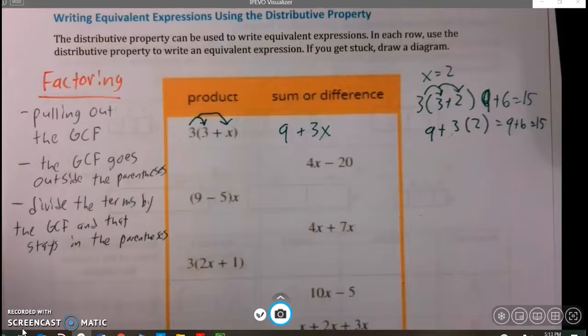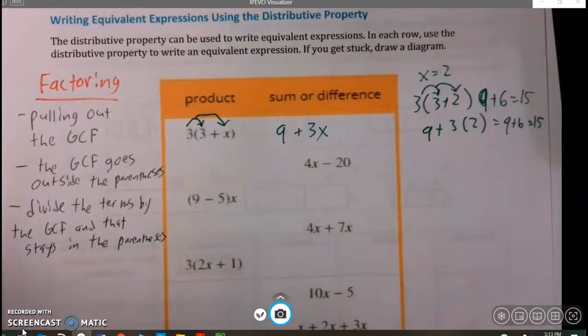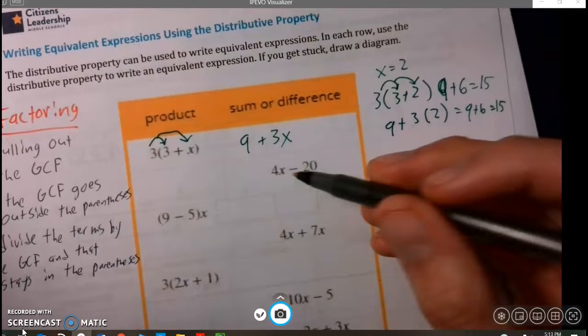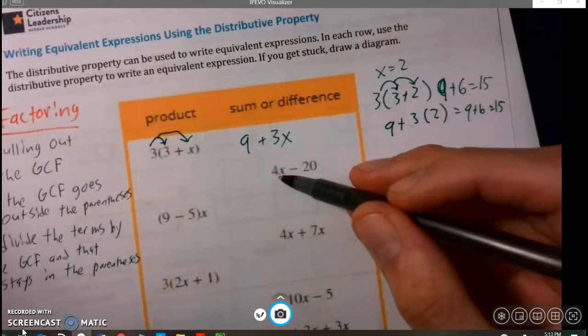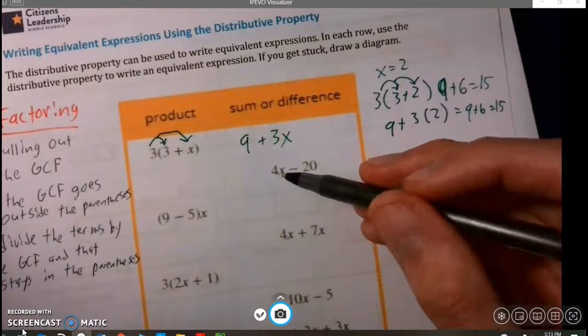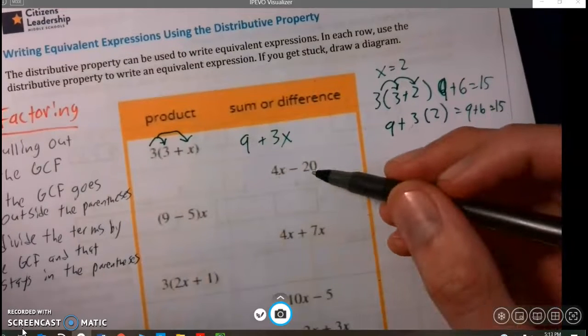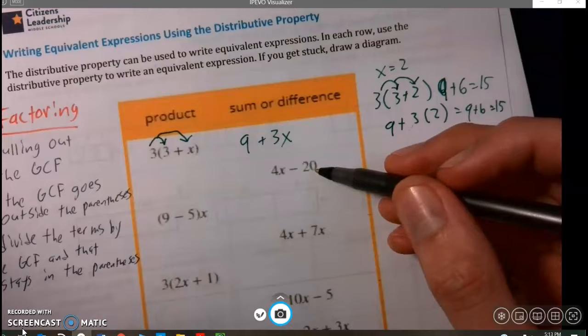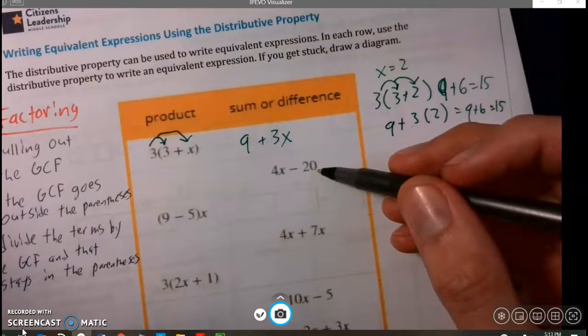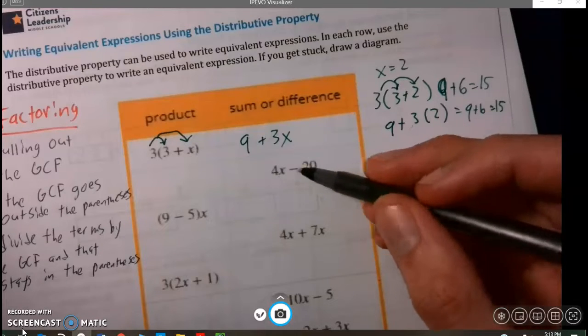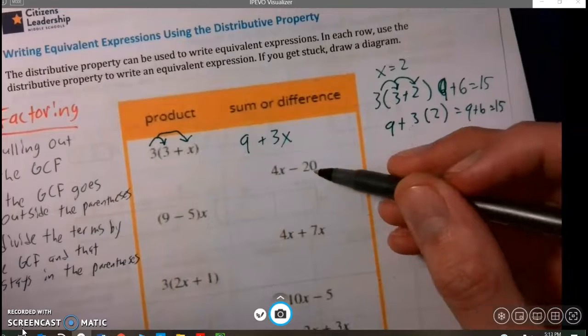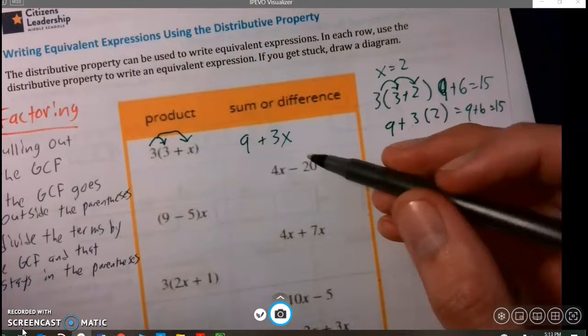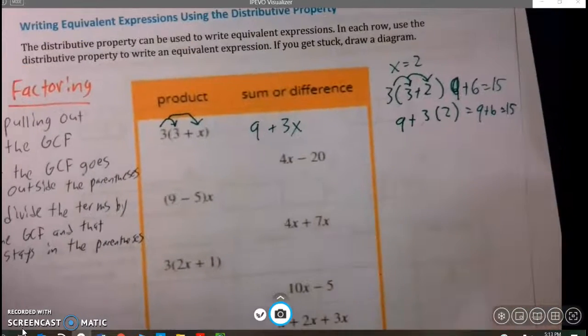So 4x minus 20. The GCF, the greatest common factor, is the biggest number that both terms can be divided by. Okay? So I know that 4 can be divided by 1, 2, and 4, and 20 can be divided by 1, 2, 4, 5, 10, and 20. The biggest number that this can also be divided by is 4.